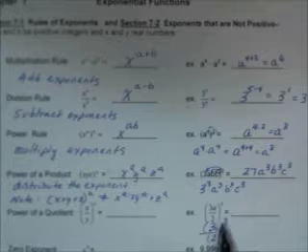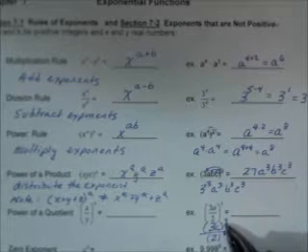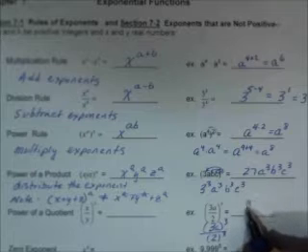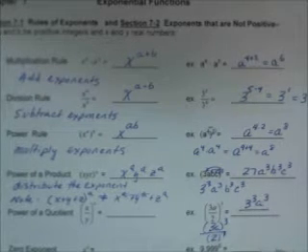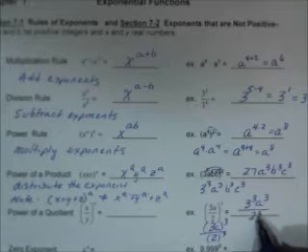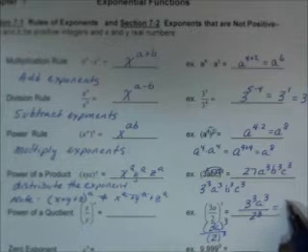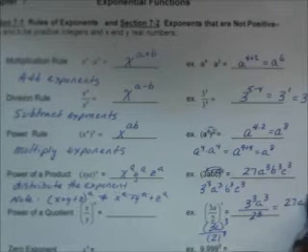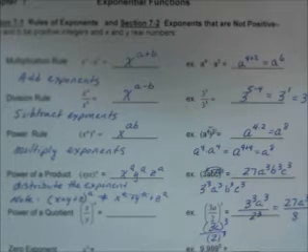And now use the power of a product rule. That's going to be 3 to the third, a to the third, divided by 2 to the third. And we can simplify this, and this becomes 27, a to the third, over 2 to the third is 8.